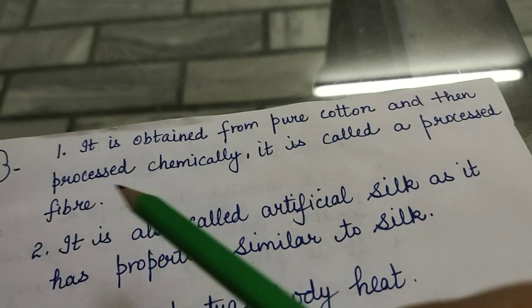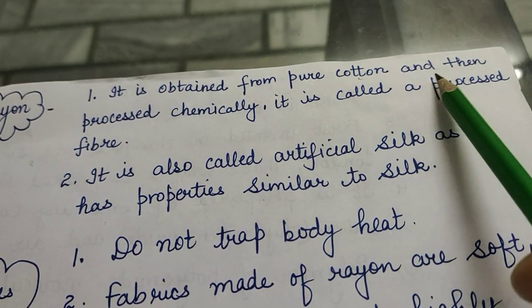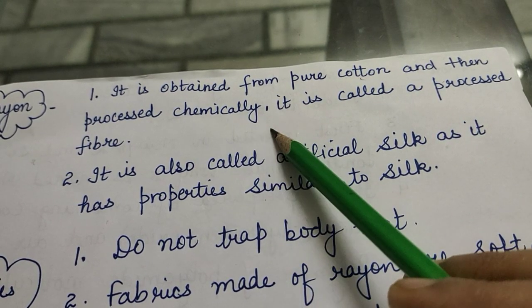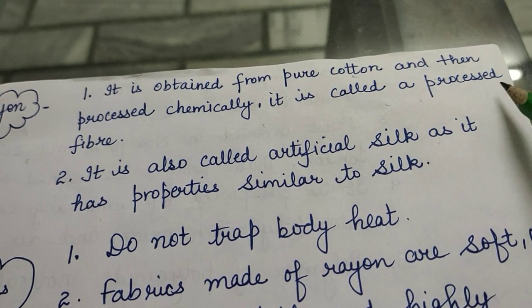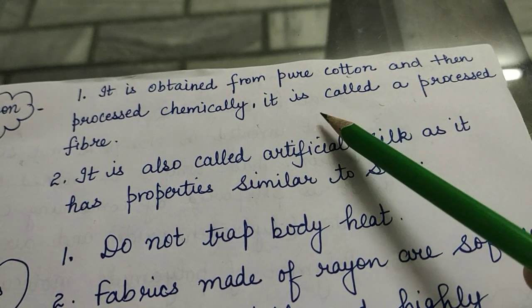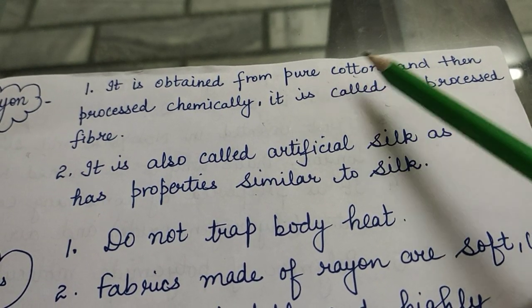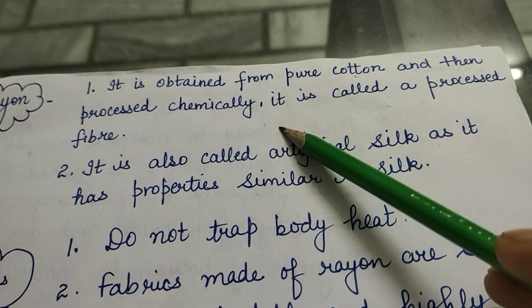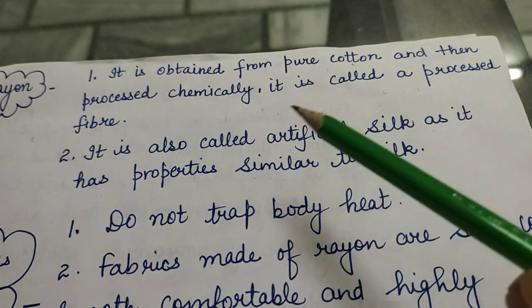Next, we have to discuss rayon. See, rayon is obtained from pure cotton and then processed chemically. That means it is a semi-synthetic polymer, because it is first made from the natural product cotton and then processed chemically, and it is also called processed fiber.